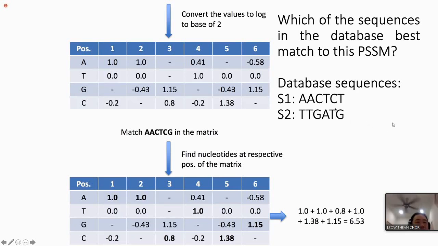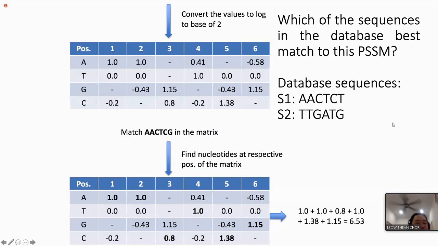Do you know how to calculate the score? AAC, TCT. So A is 1, plus C 0.8, plus T 1, plus C 1.38, plus T 0, and then you get the score.